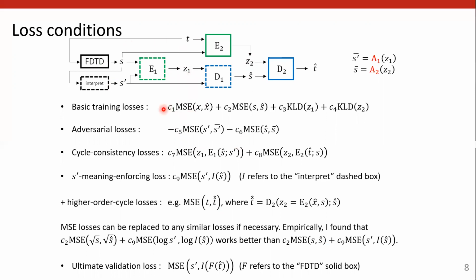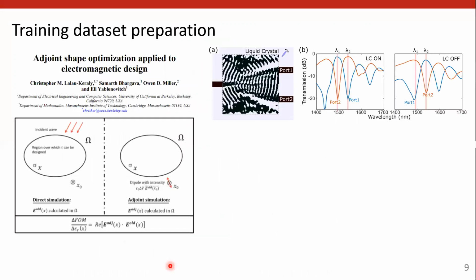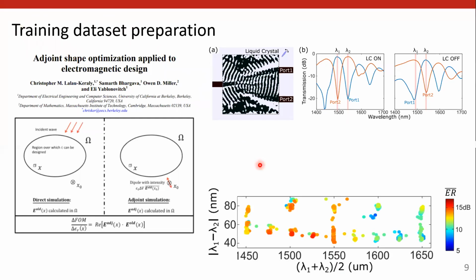We train the network using these loss conditions, and we train the network using a specifically designed data set. We optimize this device topology starting from this specific wavelength condition using the adjoint method.